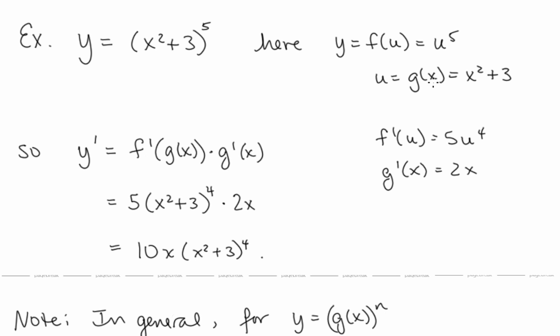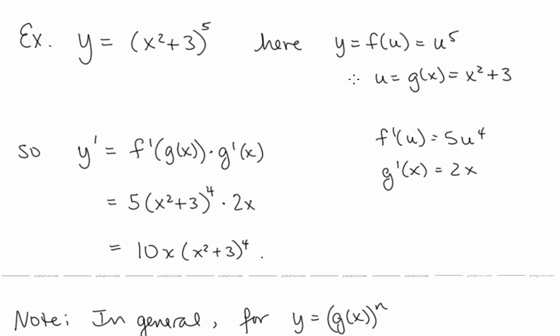So that's going to be 5 times x squared plus 3 to the 4th. And multiply that by g prime of x, which is 2x. And then simplifying, let's just combine our 2x and our 5 in the front, and that's 10x times x squared plus 3 to the 4th power.